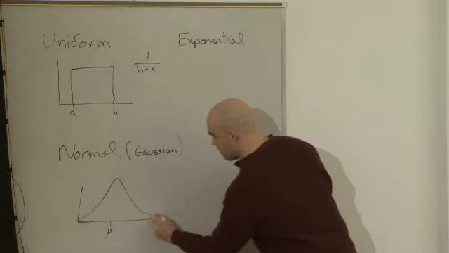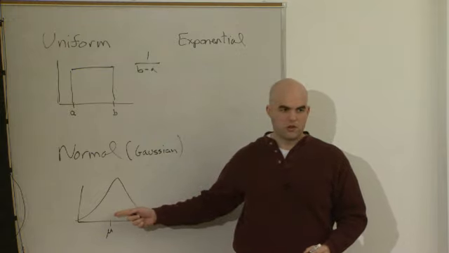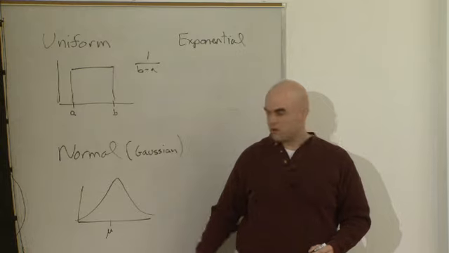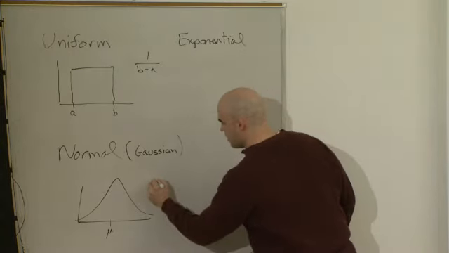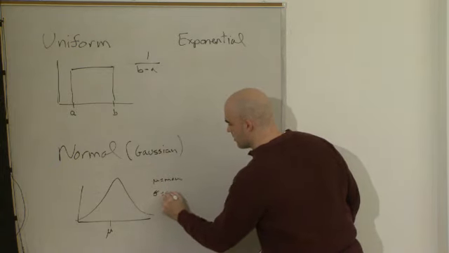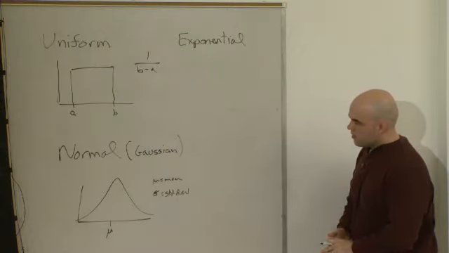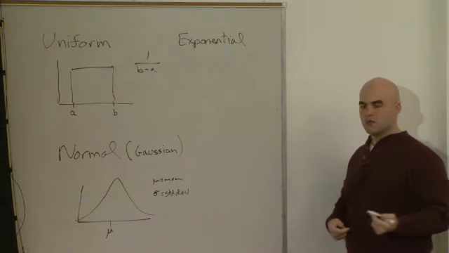Now, the Gaussian can be specified fully using two parameters. What are they? You have the mean here, and then you have standard deviation. So mean and sigma. Now, the function for this is not something you're going to have to know, but I wanted to show it to you.